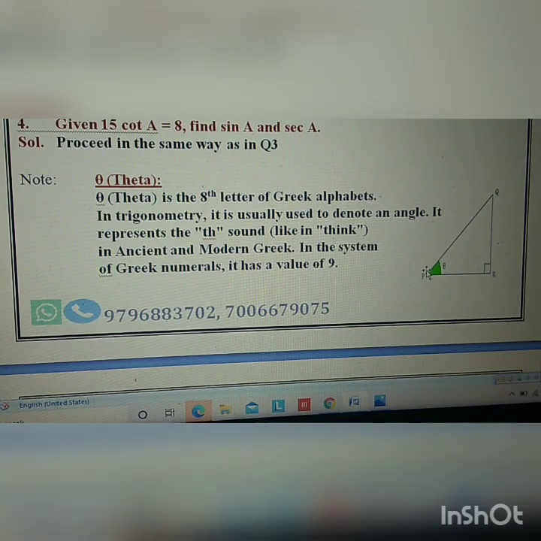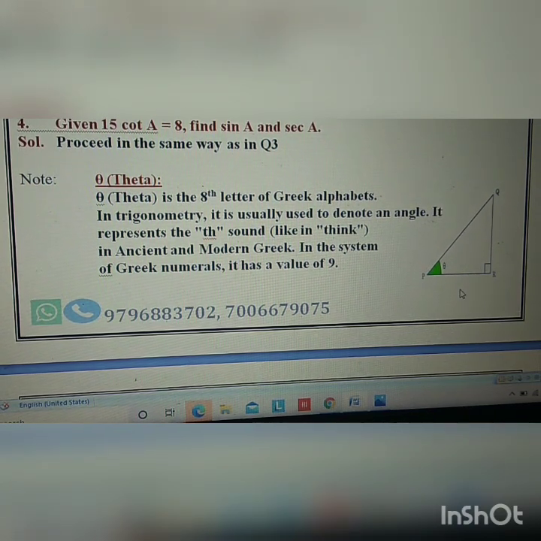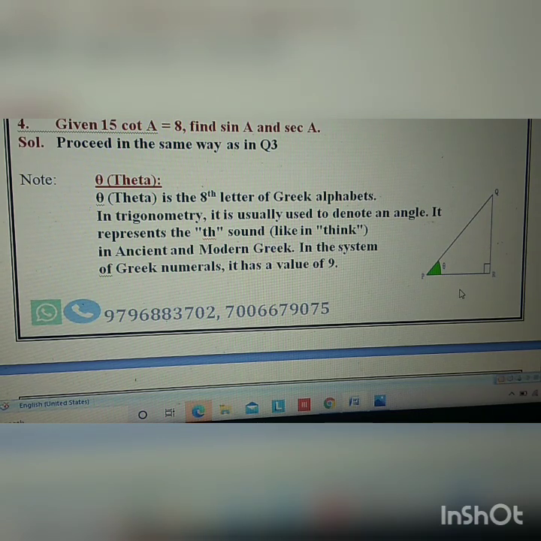Theta is the 8th letter of the Greek alphabet, and in trigonometry we usually use theta to denote an angle, maybe angle C, angle P, angle Q. As in the given figure, theta is denoting the value of angle P, and it represents the 'th' sound, like 'think'. In the ancient and modern Greek numerical system, the value of theta is considered as 9. So this is a brief history of theta, because in the next question we are going to use theta.